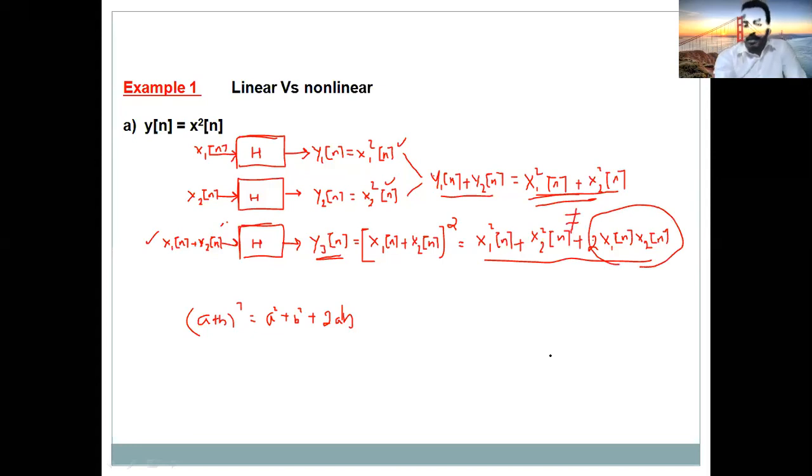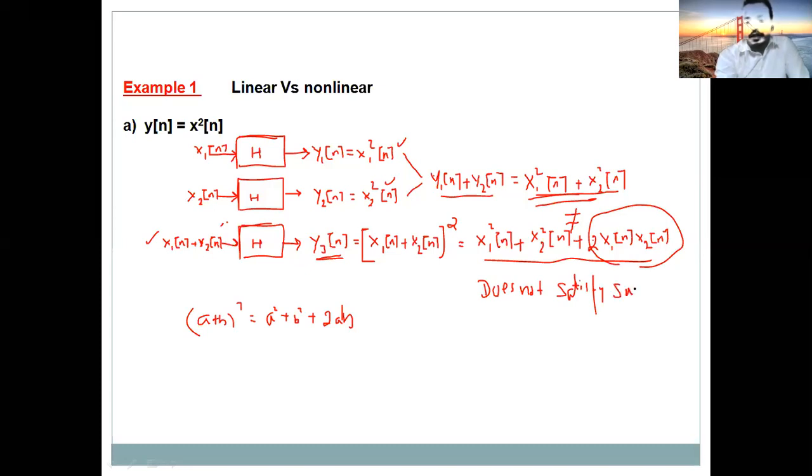They are different. So what the system does not satisfy? The system does not satisfy superposition. Okay, so our conclusion is the system does not satisfy superposition.